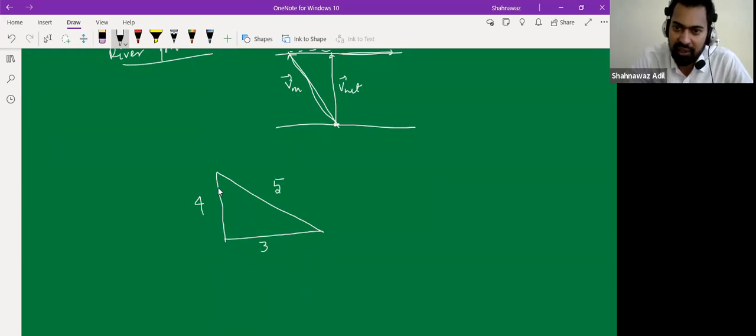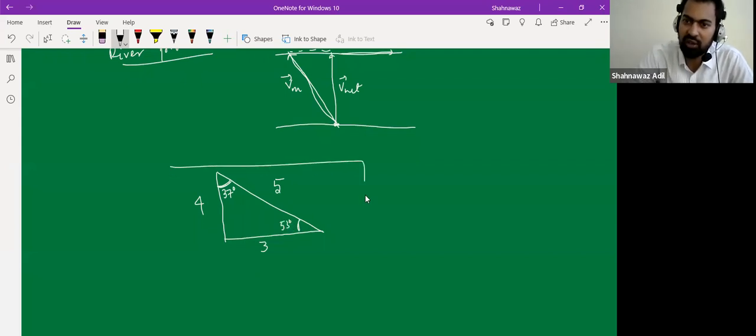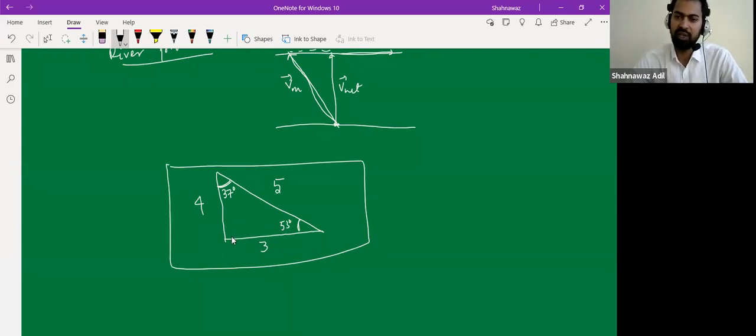The angle opposite to 3 is 37 degrees, and the angle opposite to 4 is 53 degrees. So remember this triangle. It is very handy in some calculations.